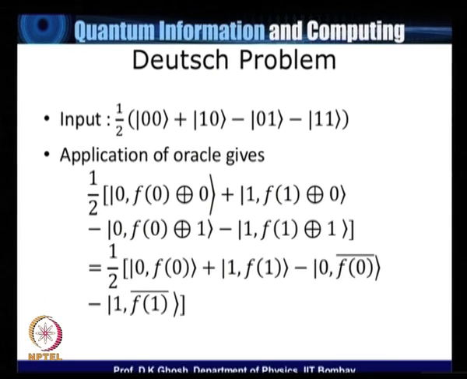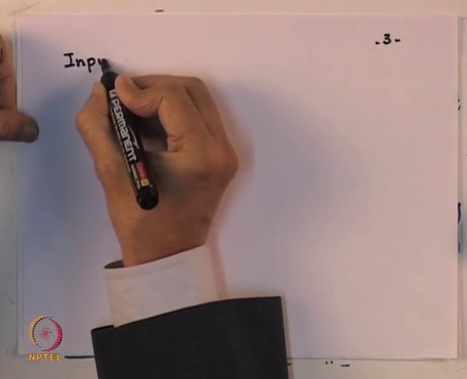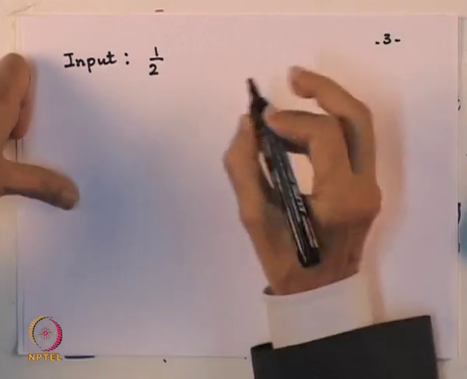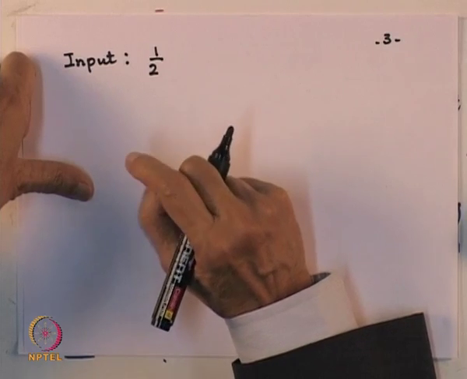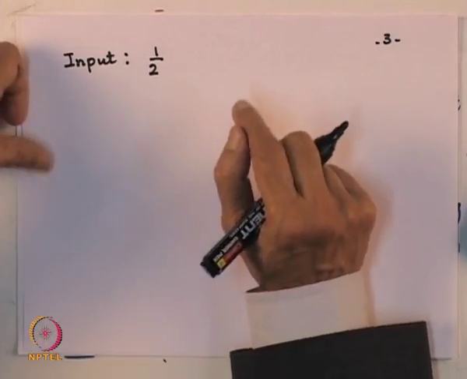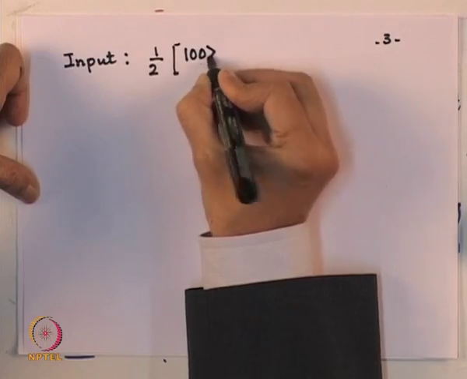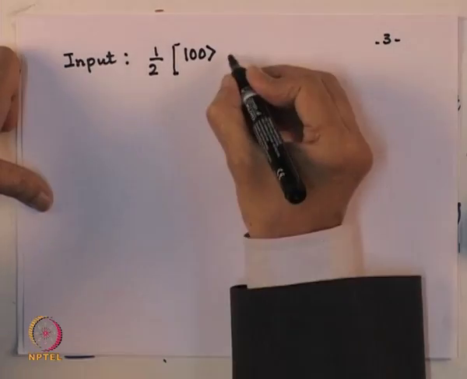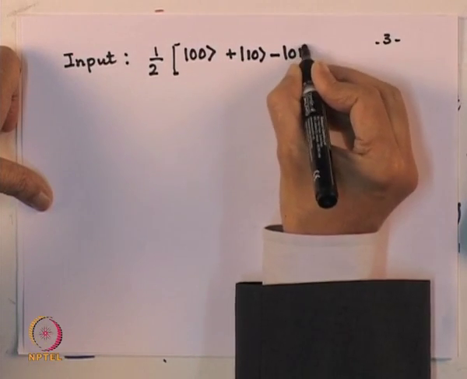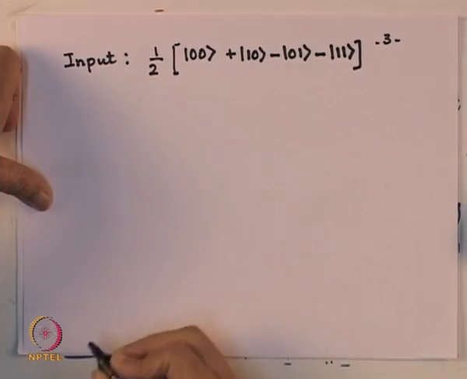If you look at it, supposing I expand my input in 2-qubit language, then I have 1 over square root of 2 times (0 plus 1) into 1 over square root of 2 times (0 minus 1), the last one being the Y. So I get 1/2 of 00, the first one coming from X, the second from Y, plus 10 minus 01 minus 11. This is what my input was.